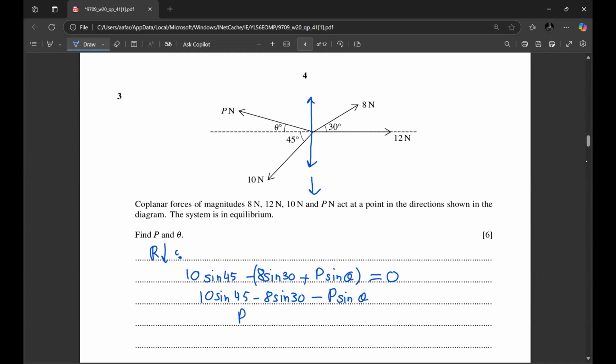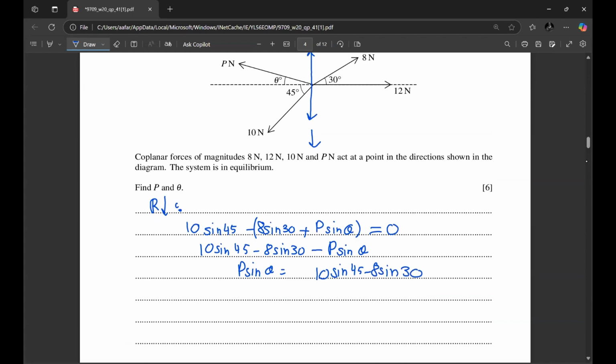So that means that P sine theta is equal to, we get the clean answer, equal to -4 plus 5 root 2. Let's write it like this. This is the first equation.